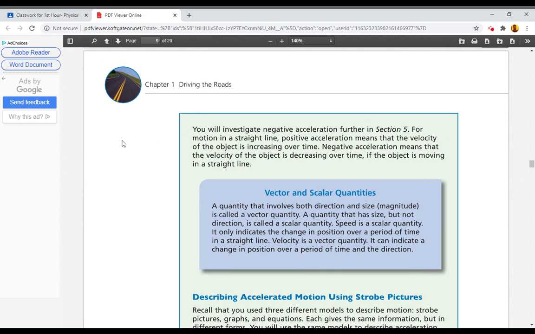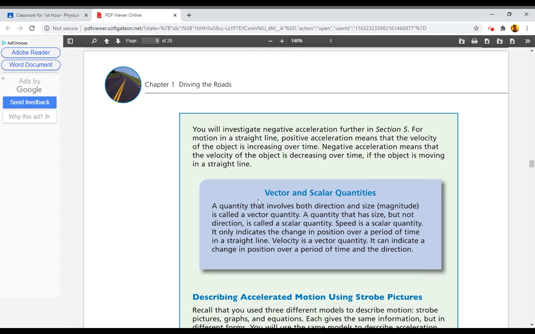You will investigate negative acceleration further in section 5. For motion in a straight line, positive acceleration means that the velocity of the object is increasing over time. Negative acceleration means that the velocity of the object is decreasing over time, if the object is moving in a straight line.